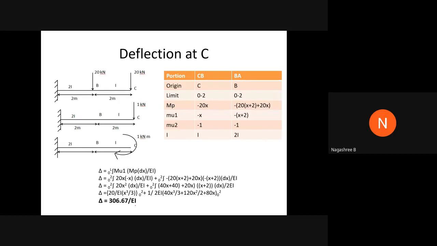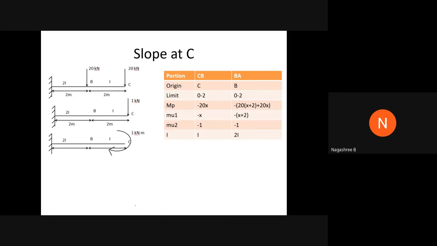Shall I proceed? Yes, ma'am. Okay. So the next thing is that we are supposed to find out the slope at point C.